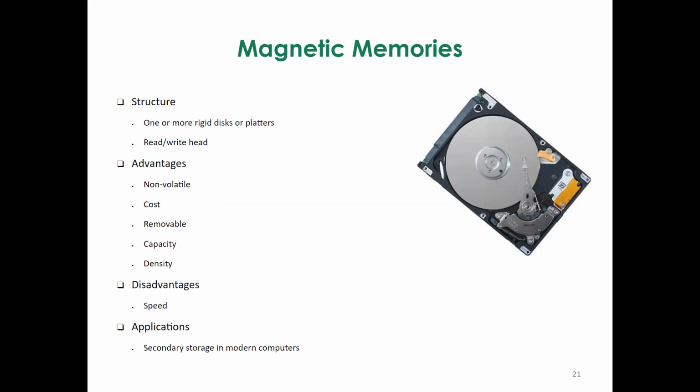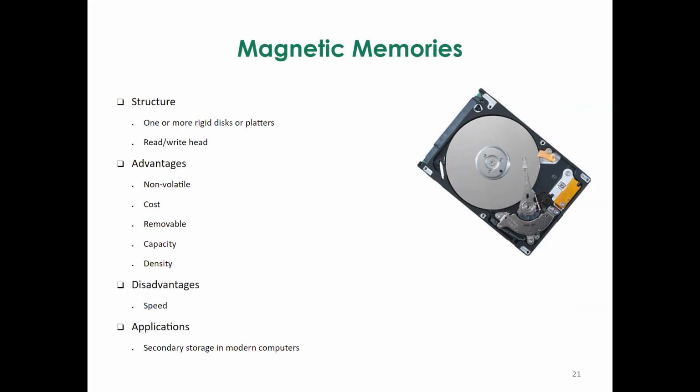Then we have your magnetic memory, which of course is the cheapest, and gives you the largest capacity at the cost of speed. You have mechanical parts that are moving, which support persisting of data through magnetic fields.